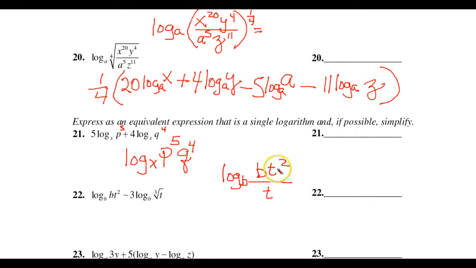And what happens here? You can actually simplify. So this will equal log base b of bt, because this one comes up here and cancels out. Now there might be another way to do this, but I think that's the easiest way. So easiest way works with me. Let's go on.